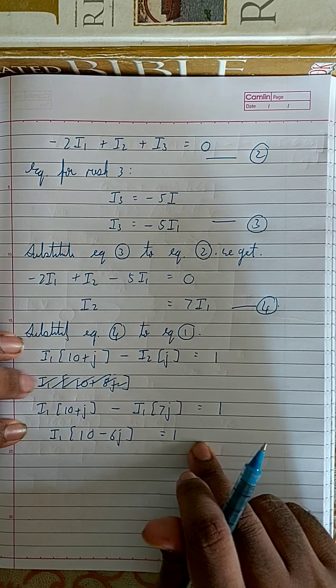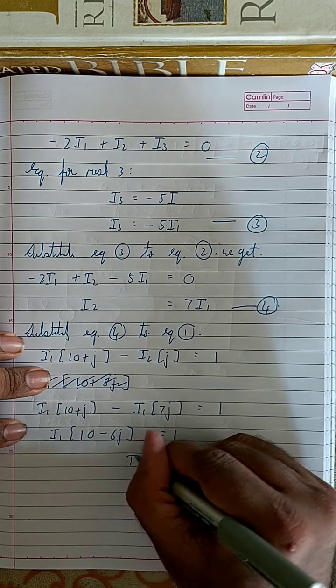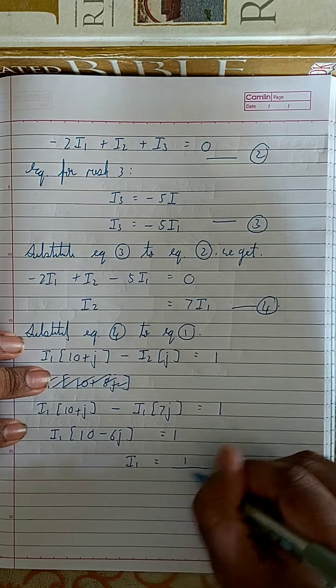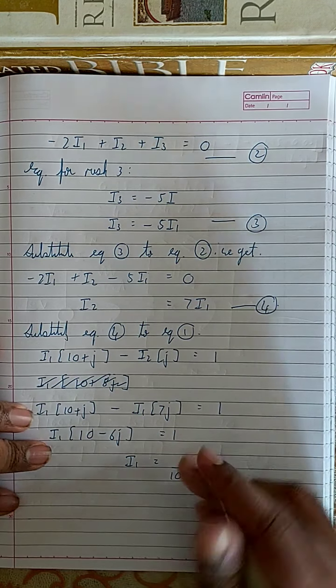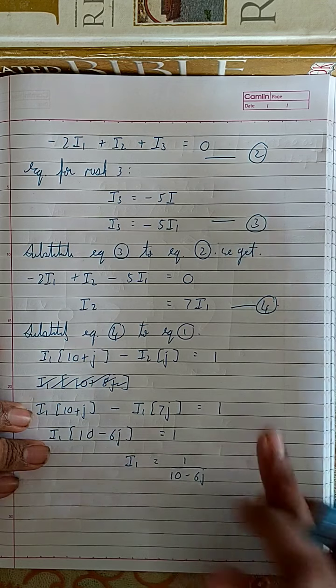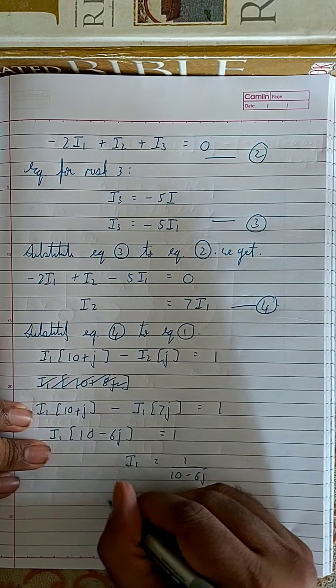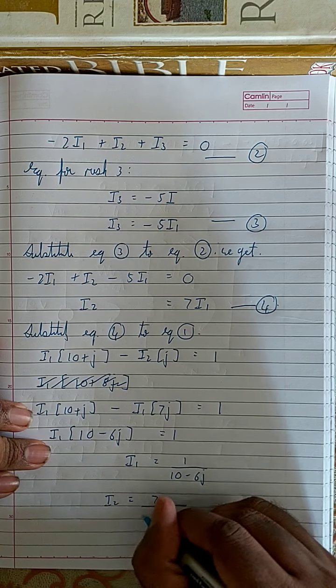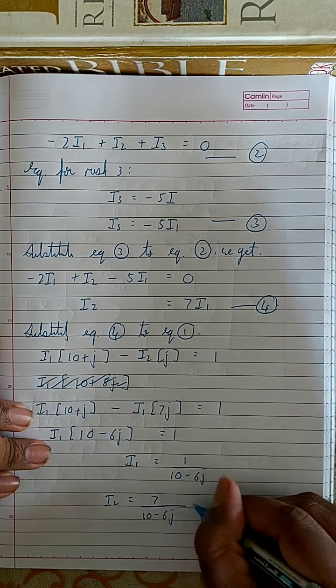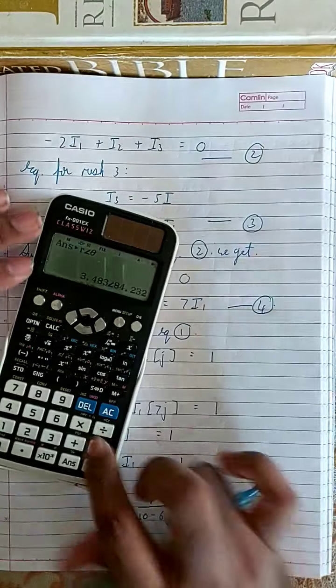Or in other words, I1 is equal to 1 by 10 minus 6j. I'm not going to waste my time finding the value of I1, because I2 is equal to 7I1. So I2 is equal to 7 by 10 minus 6j. This is the value of I2.